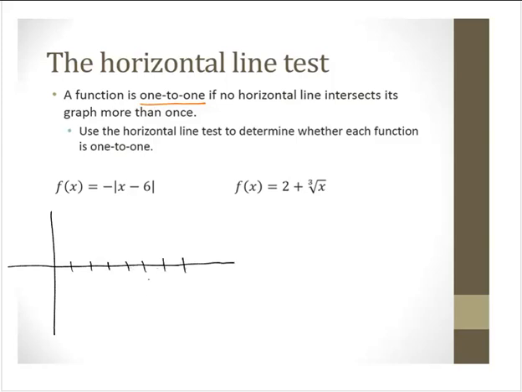So roughly, we're going to get a graph like this. All right, so now, horizontal line test. If no horizontal line intersects its graph more than once, well, here's a horizontal line. It intersects the graph twice. This is not one-to-one.